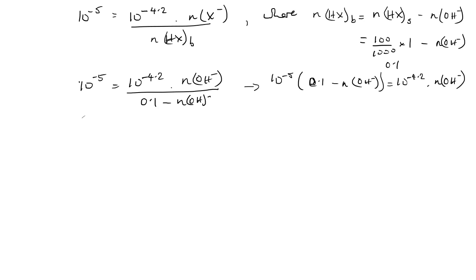So 10 to the minus 5 times 0.1 turns into 10 to the minus 6.